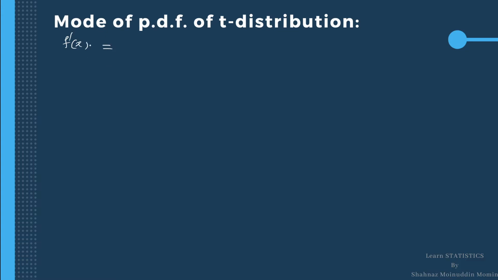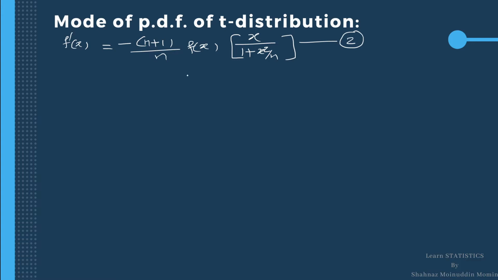So equation 2 is f dash x equal to minus n plus 1 upon n fx into x divided by 1 plus x square by n. This is our equation number 2.